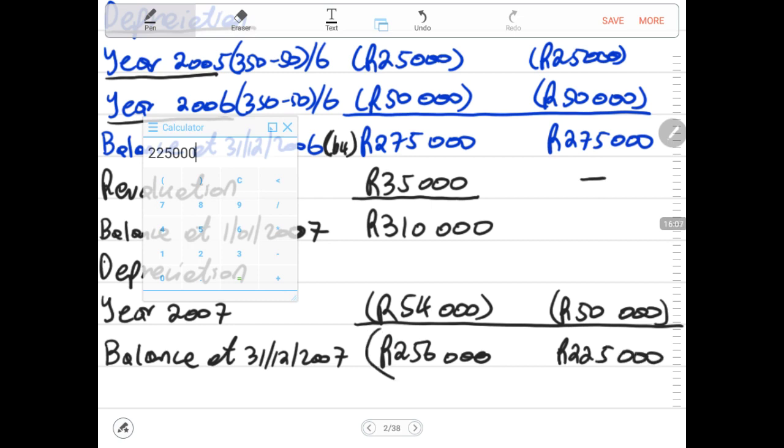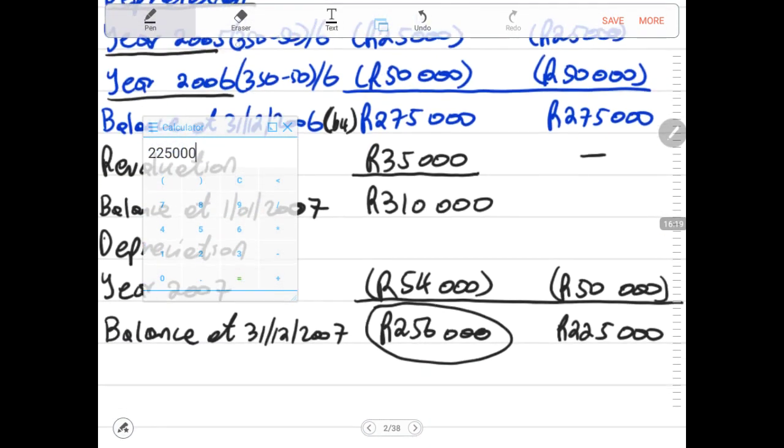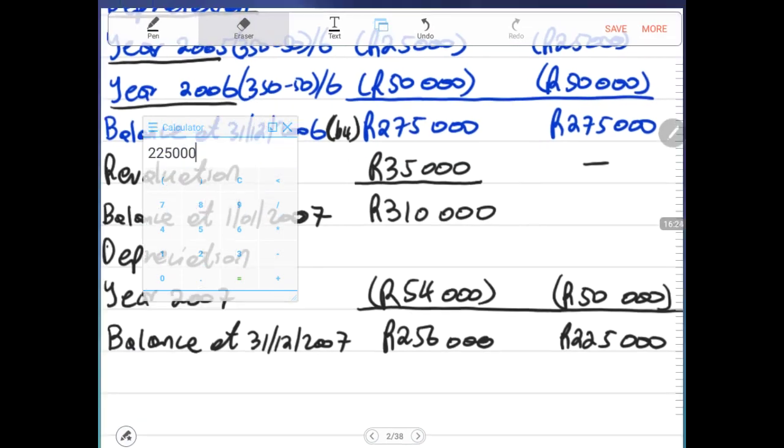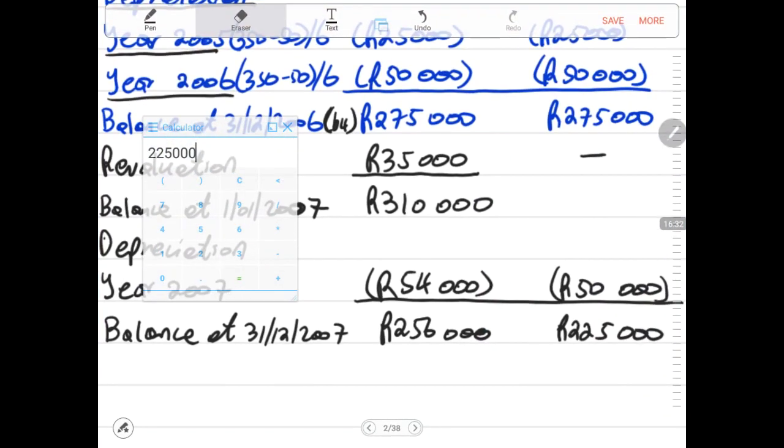Now that we have 256,000 as the carrying amount under the actual column, remember this is the actual carrying amount at the end of 2007. We compare this carrying amount with what? We compare it with the recoverable amount, and we discover that the recoverable amount is less than the carrying amount, or the carrying amount is more than the recoverable amount.